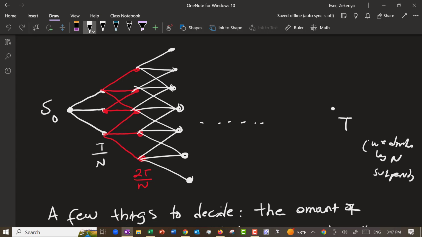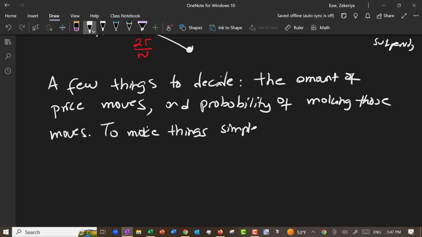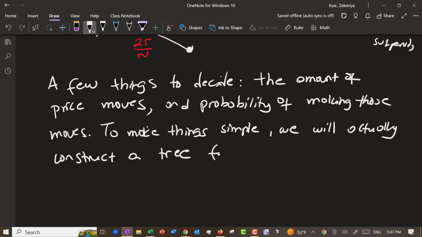To make things simple, we will actually construct a tree for the transform of the price.